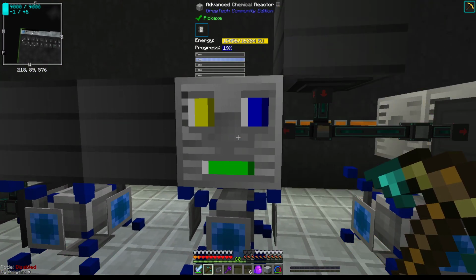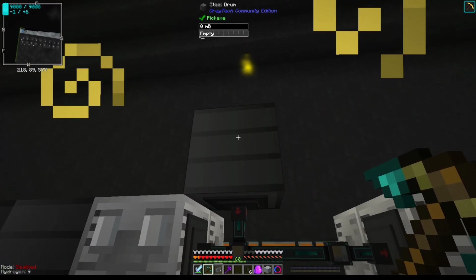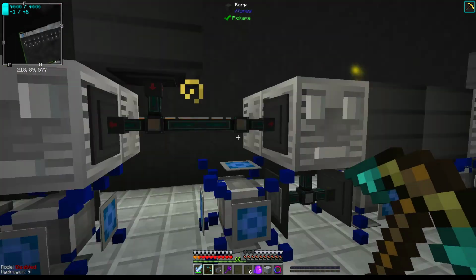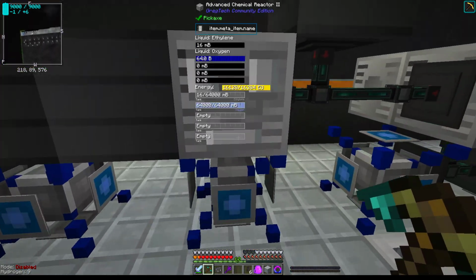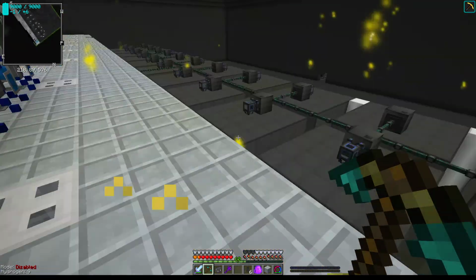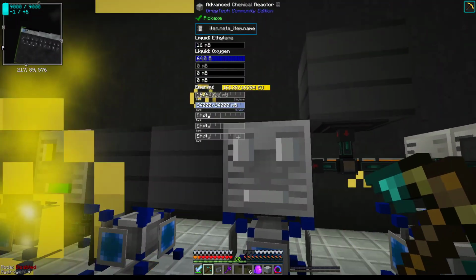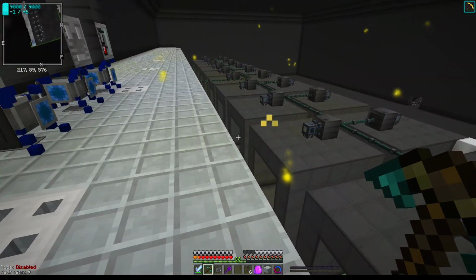This system here, it has the ethylene coming in right here and going round robin between the two systems. This system takes oxygen and the ethylene and makes polyethylene, sends it directly to the tank because we want this system to stop if that tank ever fills up.